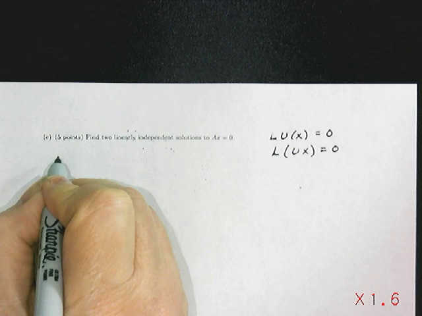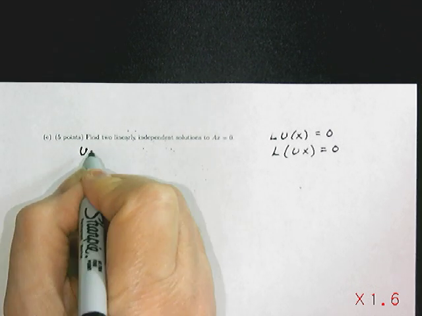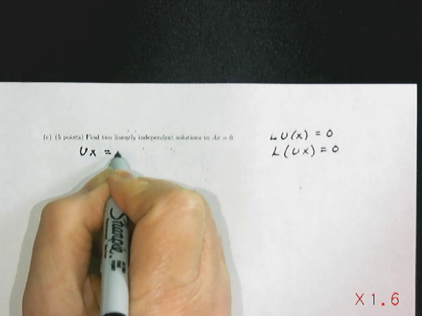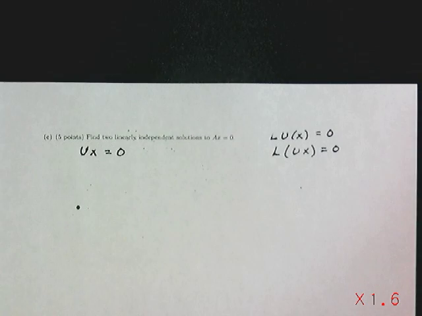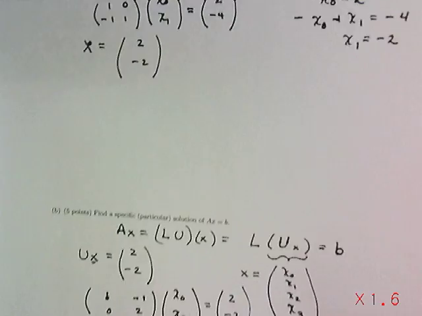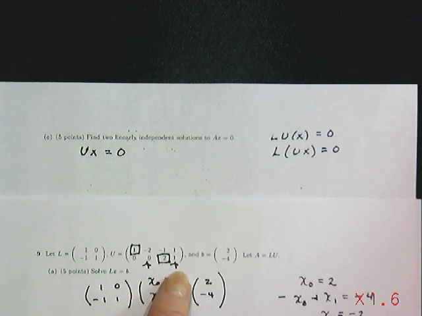And so if we were looking at when it's the case that U times x is equal to 0, again, from U being in echelon form, the free variables are chi1 and chi3.